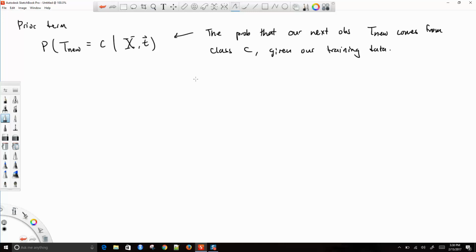This could just represent what you believe is the distribution of class C. Like if you believe the whole world is all one class of people, then if that's your prior belief, that's going to affect what we have. Based on the training data, we have a few options.